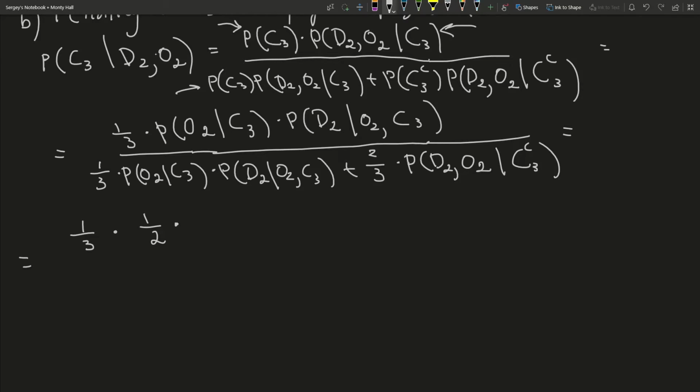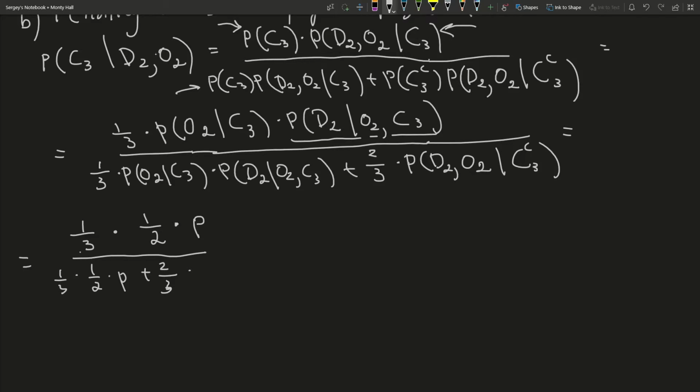Out of the two choices, the computer and the car, the computer is the prize we like the least. So the probability that Monty opens the door that contains the computer is p. So 1/3 times 1/2 times p, plus 2/3 times.